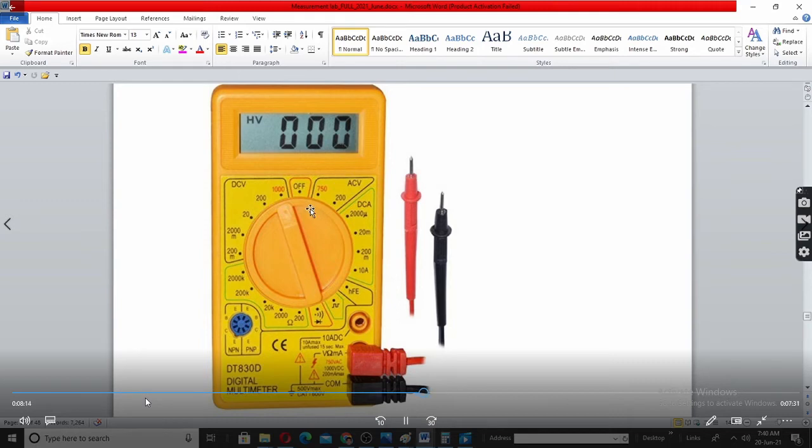There is a speaker inside the multimeter. This is also used for diode checking. Connect the anode of the diode to red and the cathode to black. The multimeter will give some reading.